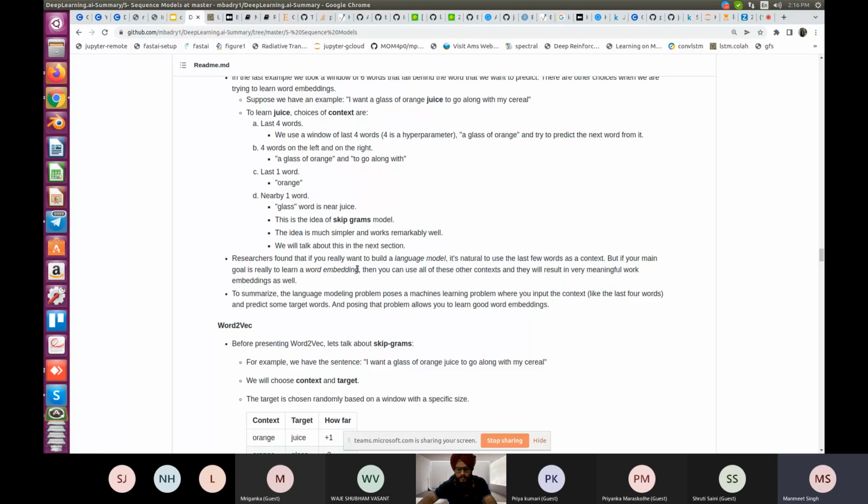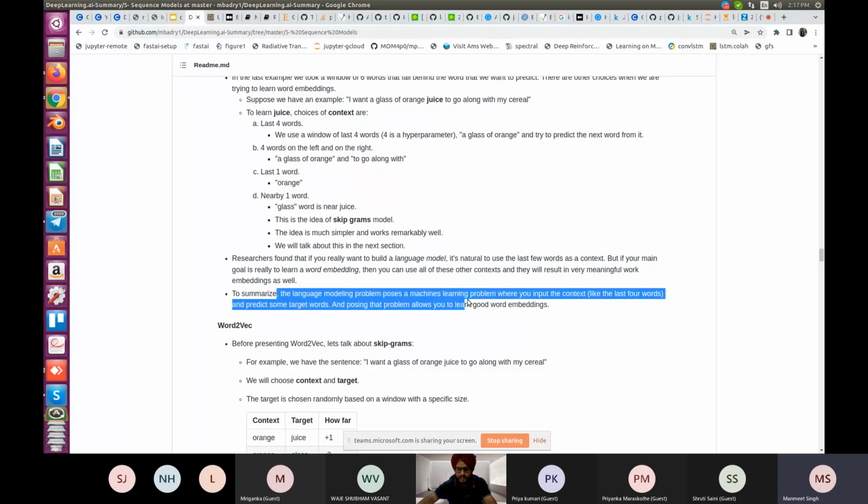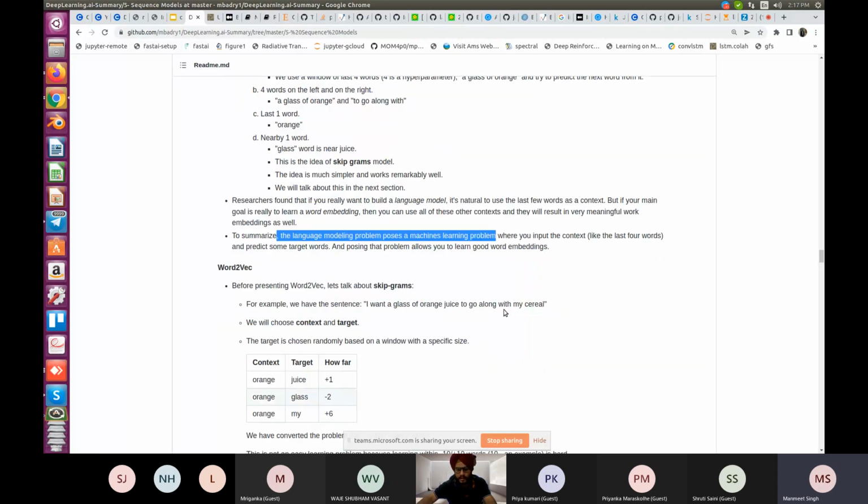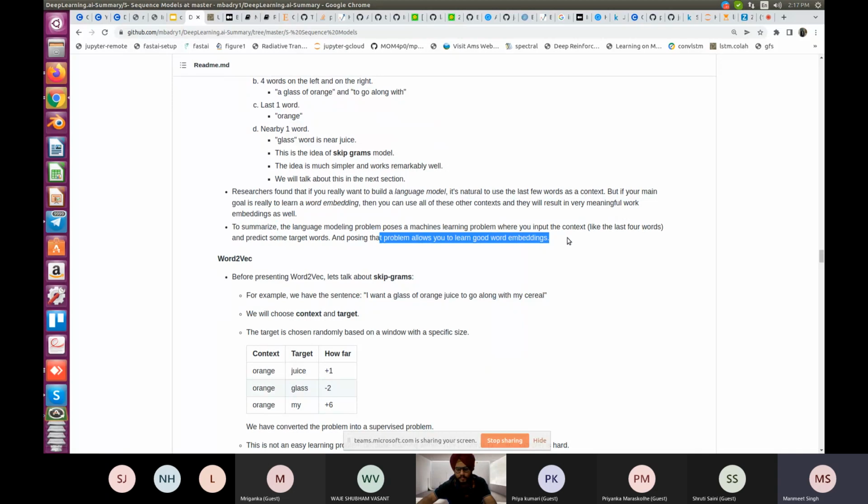For word embeddings, you can use all these contexts, and they will result in very meaningful word embeddings. To summarize, language modeling poses a machine learning problem where you input the context and predict some kind of target word, and posing that problem allows you to learn good word embeddings.